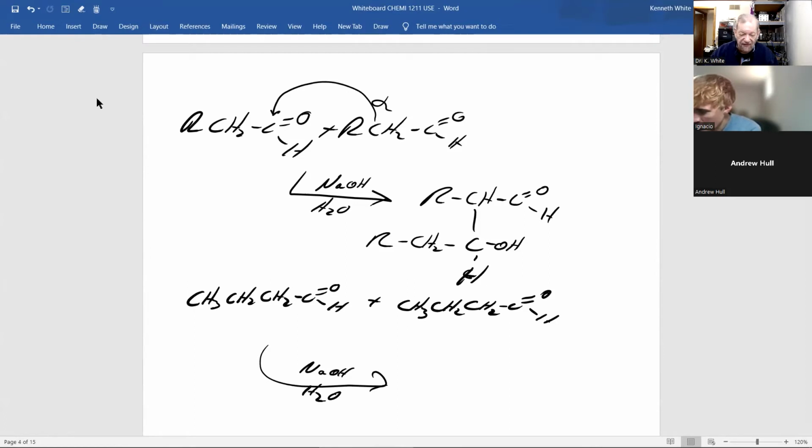And here's some fun for you. What would be the product for the following reaction? And to help you out, the general reaction is above it.